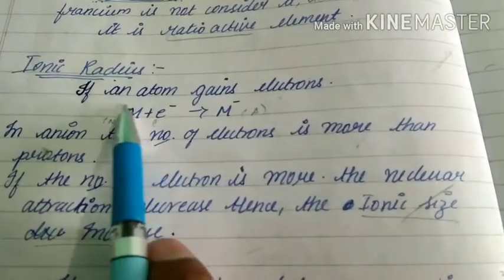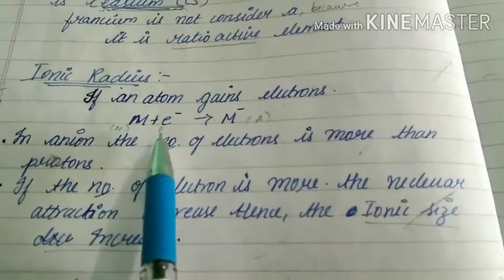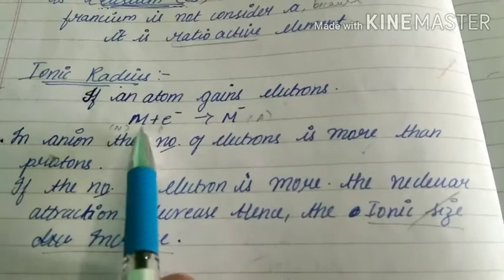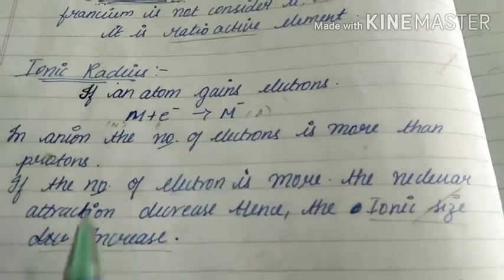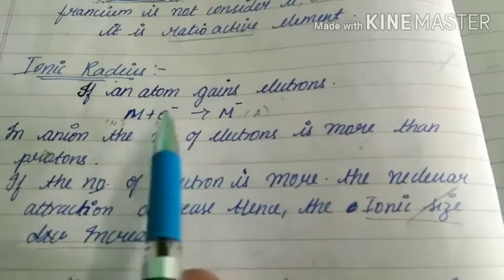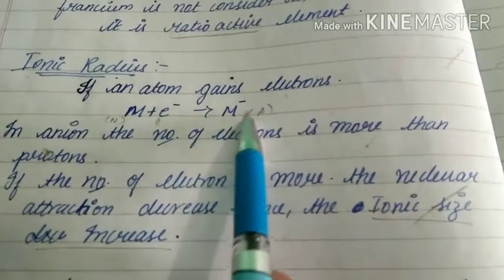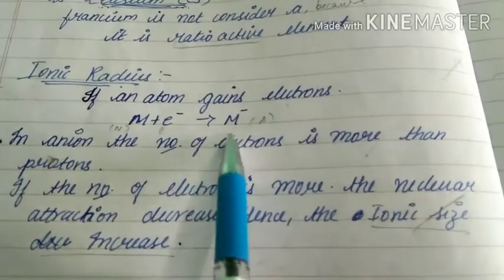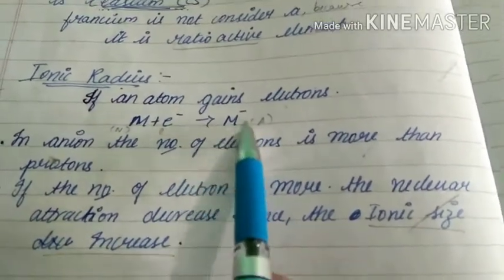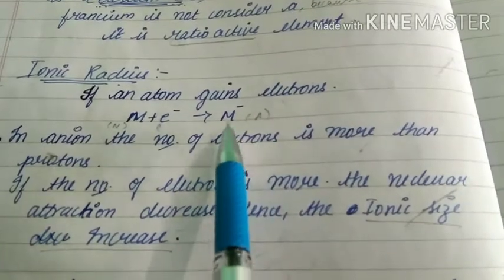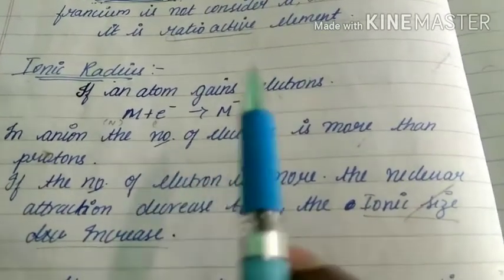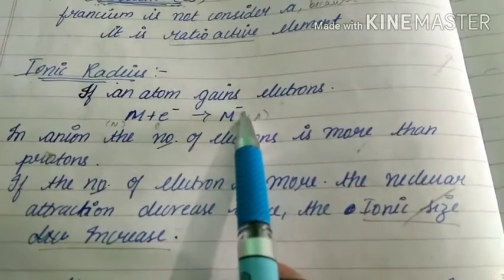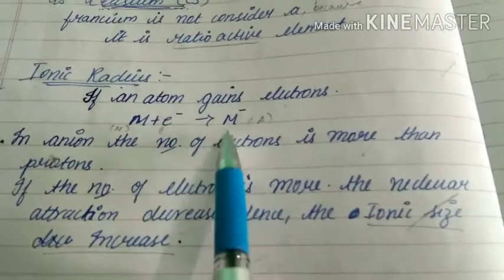see, M is one atom, neutral atom. If an atom gains electron, this reaction indicates that this atom gains electron, then M minus will be formed. That means this M minus has more number of electrons than required. In other words, M minus has more number of electrons compared to protons.